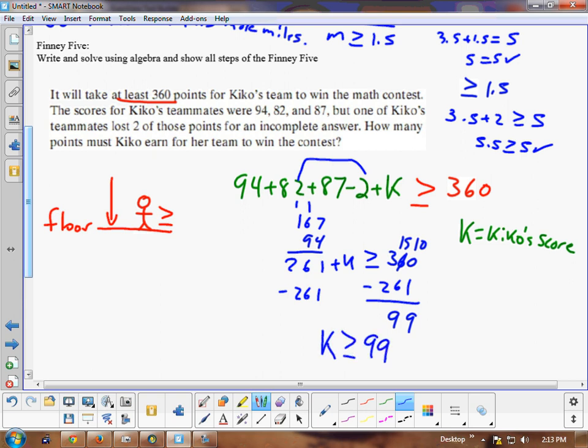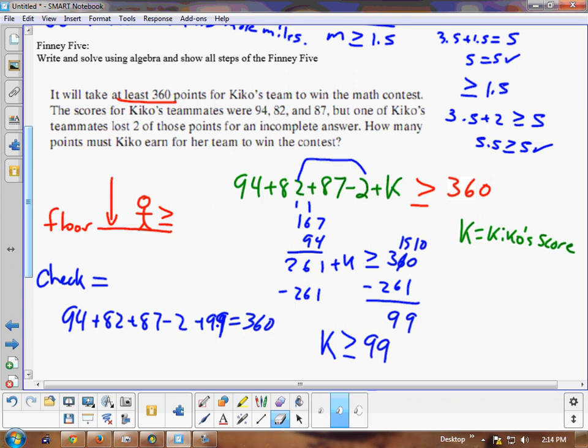And then you need to check the equality. So on the quiz tomorrow, you need to check the equality. So check your 99 answer: is 94 plus 82 plus 87 minus 2 plus 99 equal to 360? That's 99, not 9.9. And that does equal 360.